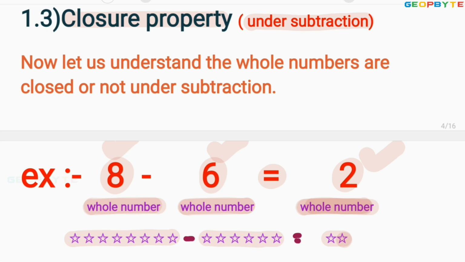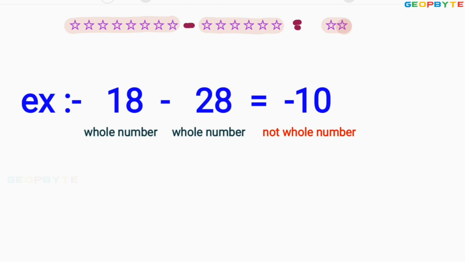Let us take one more example. Look at the second example. 18 is a whole number. 28 is also a whole number. But what is 18 minus 28? Minus 10. Here minus 10 is not a whole number.